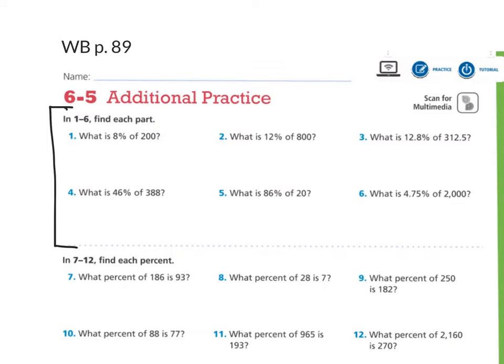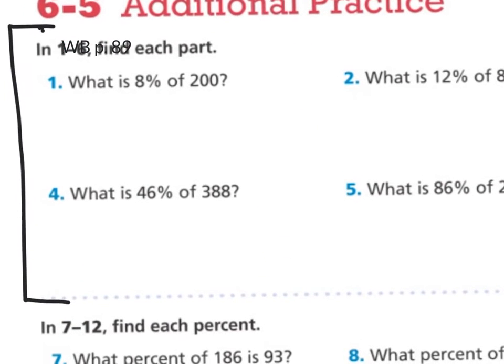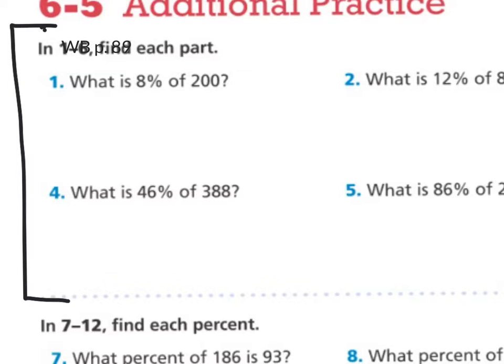Workbook page 89, the first section here, we're trying to find these parts. So number 1, they're wanting us to find 8% of 200. So 8% of 200, one option, change the percent to a decimal. That'd be 8 hundredths. So 8 hundredths times 200, and you work that out, and that would be 16.